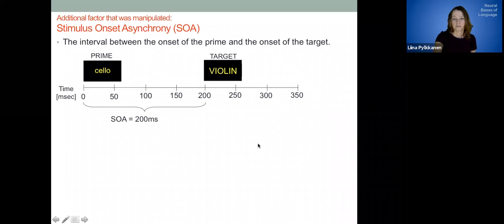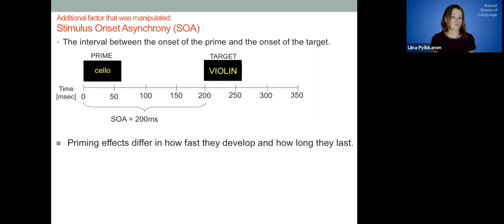Here it's made super explicit. If there is 200 milliseconds between the onset of the prime and the onset of the target, like cello, violin, then SOA would be 200 milliseconds. So that is something that they also varied.